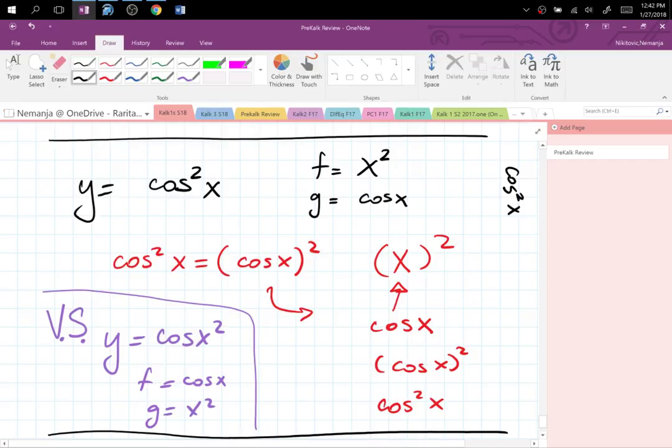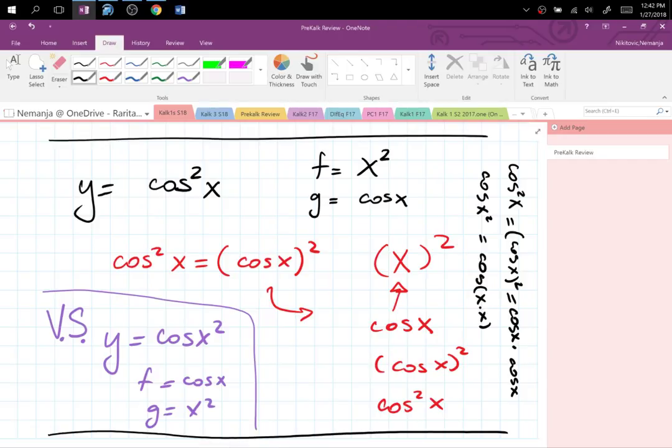Cosine squared x is the same as cosine x squared, which is cosine x times cosine x. Cosine x squared is cosine of x times x. So I hope that made sense. And if you are now breaking your necks, you're welcome. That's exercise included in the price, right?